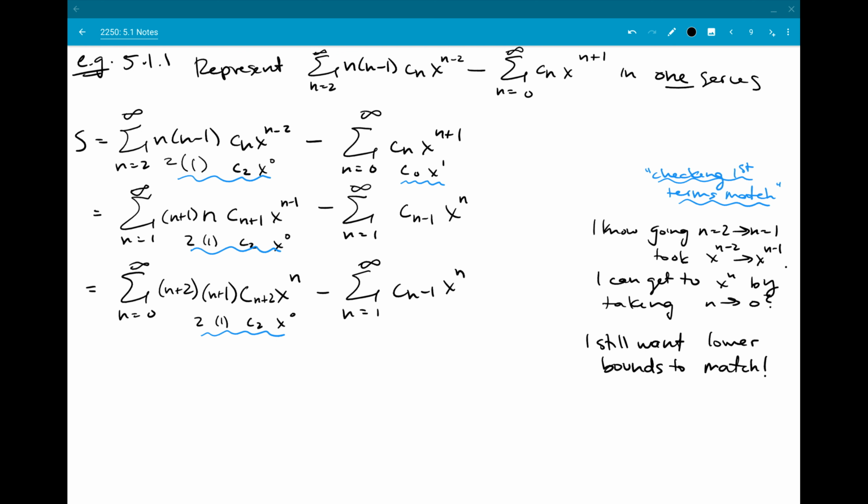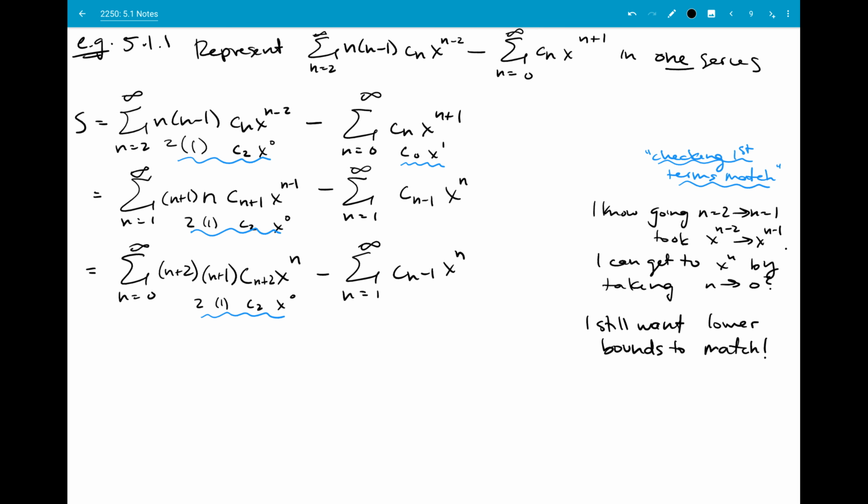I still want the lower bounds to match, and I just undid that with the power that I introduced. So we have to use the definition of the series to help ourselves get out of this problem.